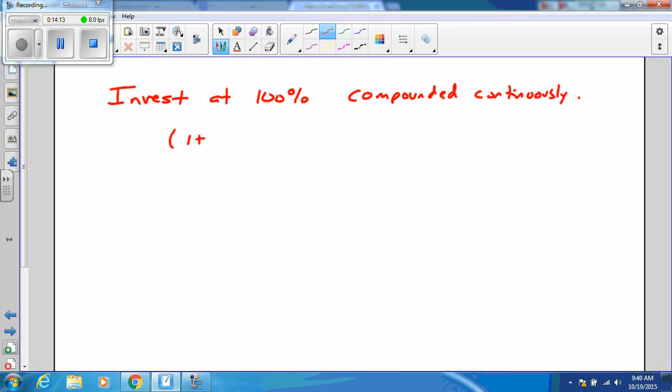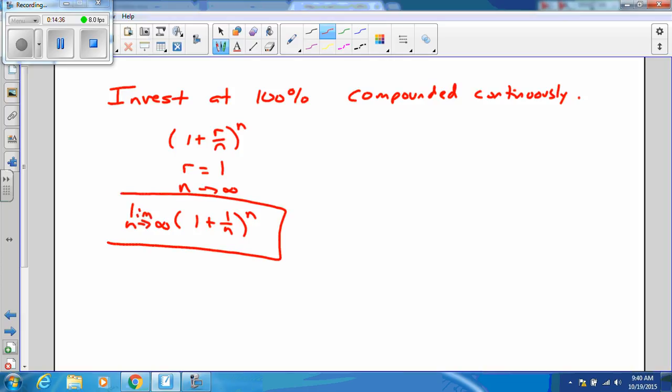And so you can see that if our quantity here is going to be like this, minus 1 if you want the rate, then he's going to take r equal to exactly 1, and he's going to let n go to infinity. And so this is Euler's answer to this question. But now the question is, what's that limit?